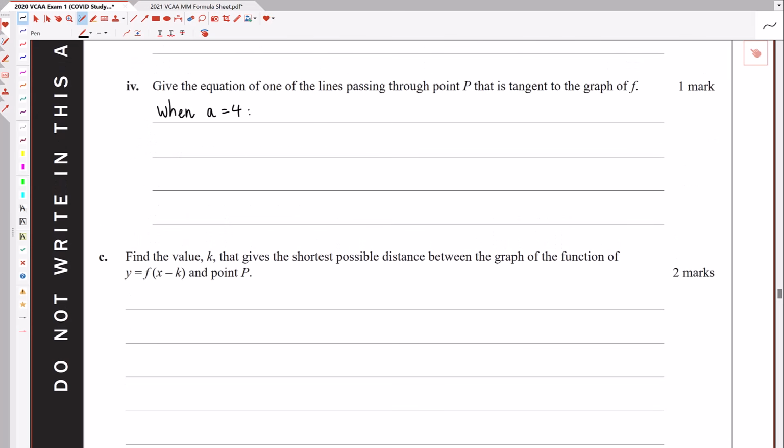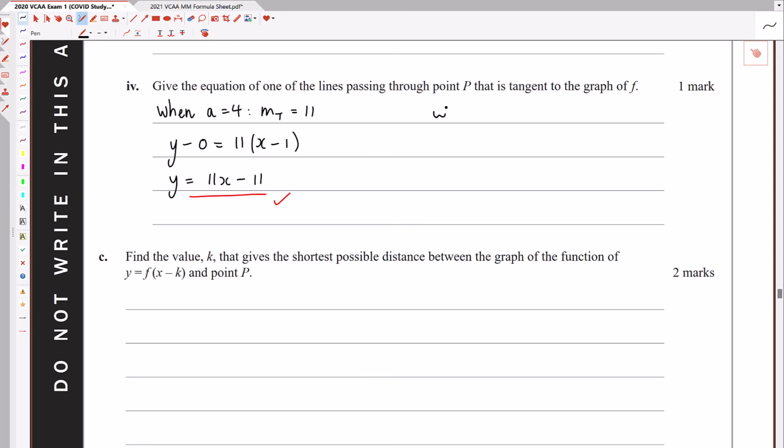That means the gradient is 2 times 4 plus 3, which is 11. And so the equation: we're going through the point P, which is (1, 0). y minus 0 equals your gradient, times x minus your x coordinate, which is 1. And so that's y equals 11x minus 11. So that would be one correct answer.